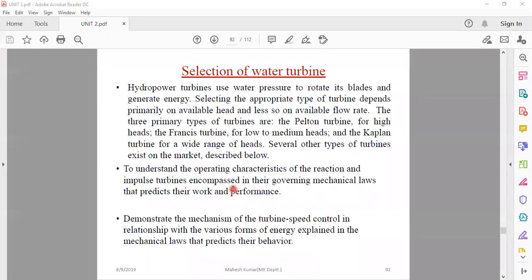To understand the operating characteristics of reaction and impulse water turbines, they are encompassed in their governing mechanical laws that predict their work and performance. These demonstrate the mechanism of turbine speed control in relationship with various forms of energy explained in mechanical laws that predict their behavior.